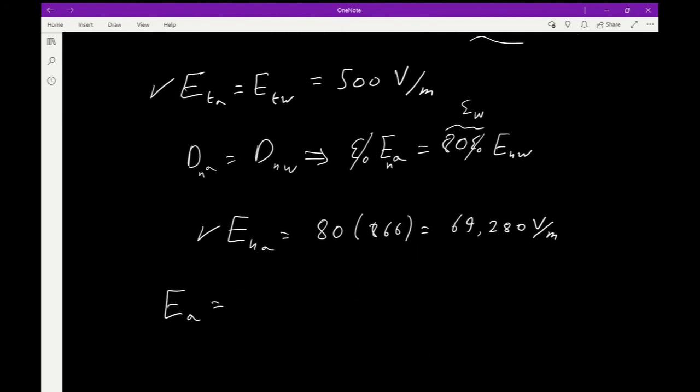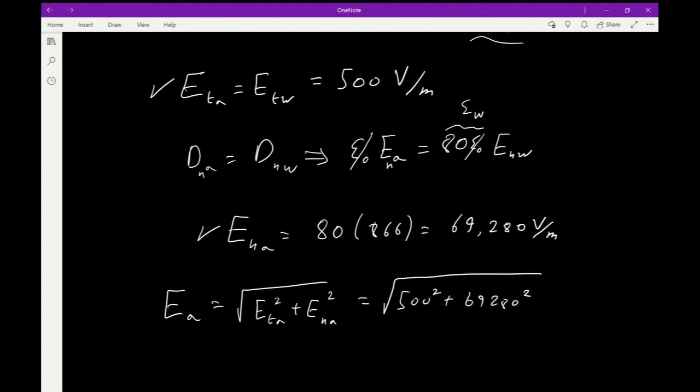We just add them up using the Pythagoras law: ETA squared plus ENA squared. That's 500 squared plus 69,280 squared, square root.